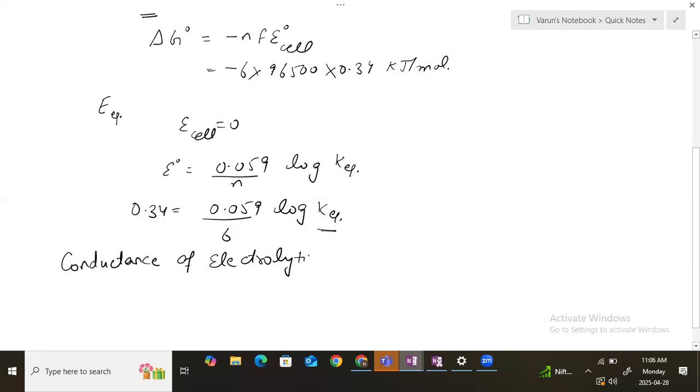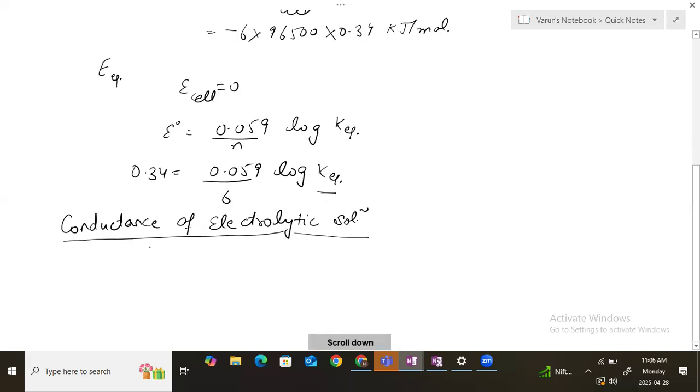The electrolytic solution in the half cell is basically the solution in which we are dipping our electrodes. And that electrolytic solution has some conductance. Our main goal is to understand what conductance is and how to calculate the conductance of an electrolytic solution.